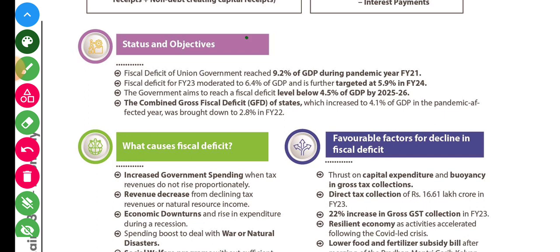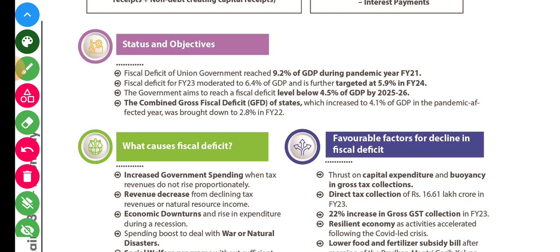Next is status and objectives. What is the status and objective of the fiscal deficit? The fiscal deficit of the union government was 9.2% of GDP during the pandemic year. So you can remember this, 9.2% of GDP in 2021. You can remember this, and it can be asked in the interview, the personality test.